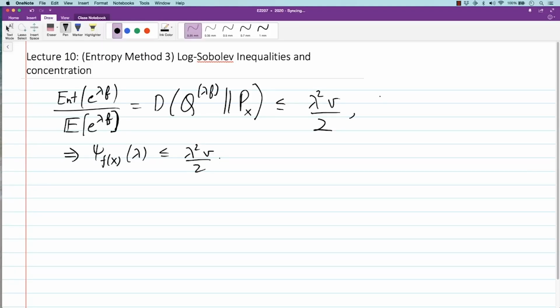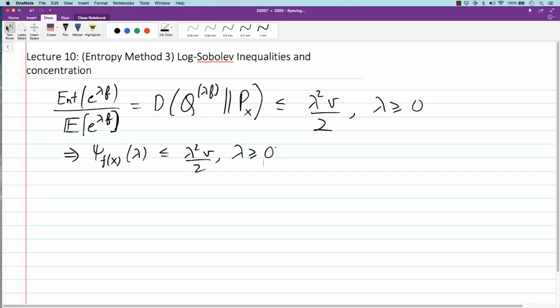Let's do it for only lambda greater than or equal to 0. So we'll get a one-sided Gaussian tail bound, right?